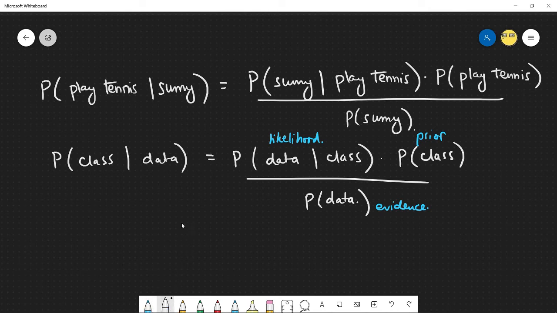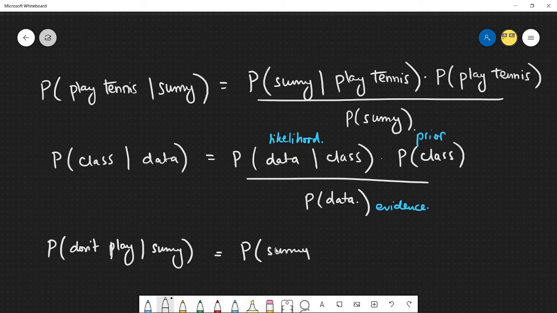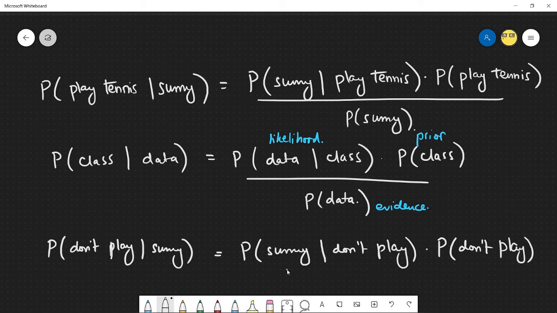What I mean is, if I were to say don't play, the opposite of this, given that it is sunny, is equal to the probability of it being sunny given that I don't play, times the probability of not playing tennis, divided by the probability of it being sunny. So you'll notice right away that the only thing that did not change is the evidence here.